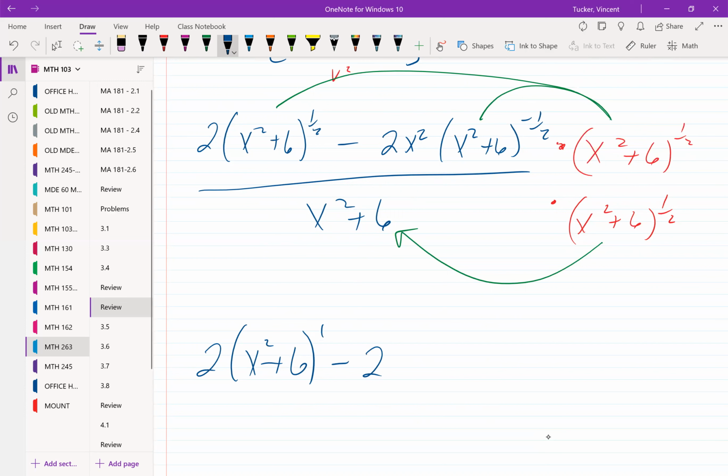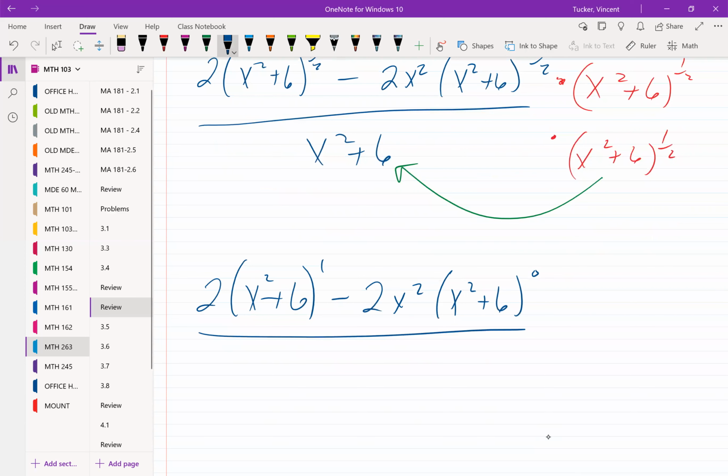I'll leave that right there. And in here, (x squared plus 6) to the negative 1/2 times (x squared plus 6) to the positive 1/2 is (x squared plus 6) to the 0 power. Down here, (x squared plus 6) times (x squared plus 6) to the 1/2. Now the exponent here is 1, so I'll just write it for note purposes: 1 plus 1/2 for your exponent.